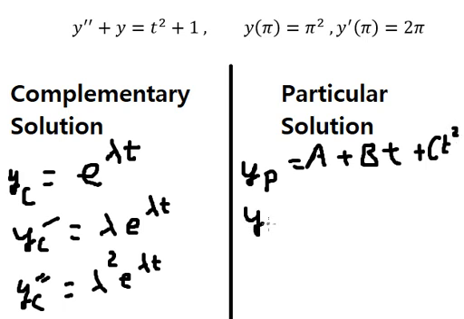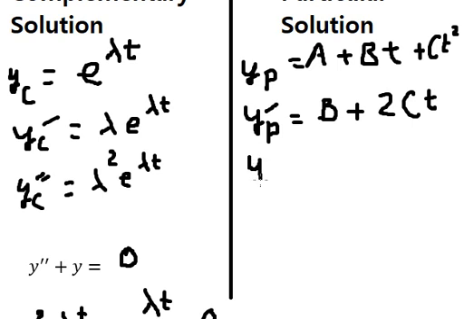If we do the first derivative, a is a constant so you get 0, the next term gives b, and the last gives 2ct. Now for the second derivative of yb, we have 2c.